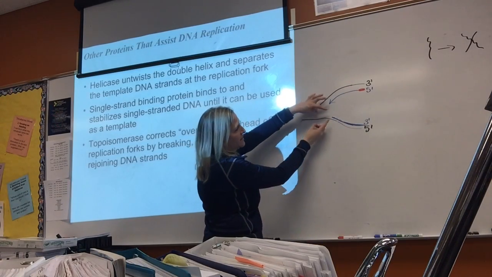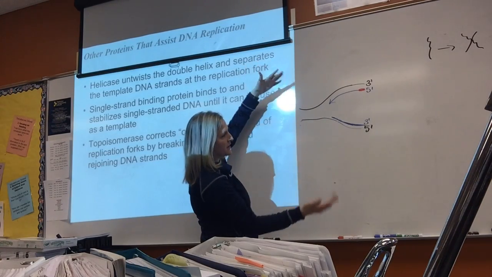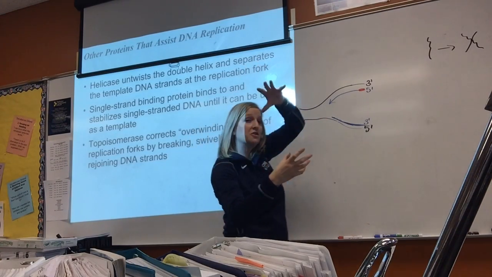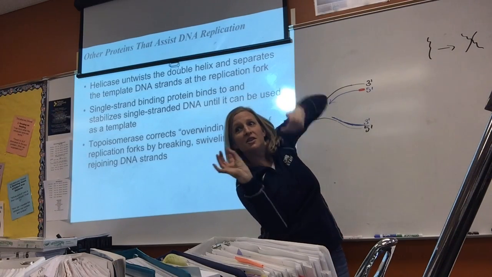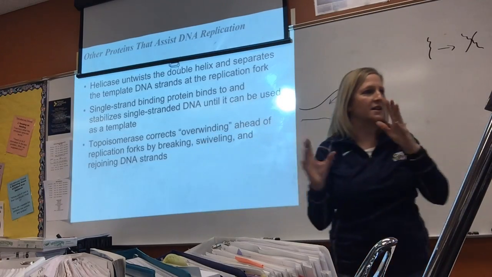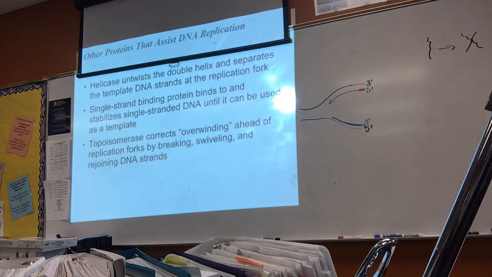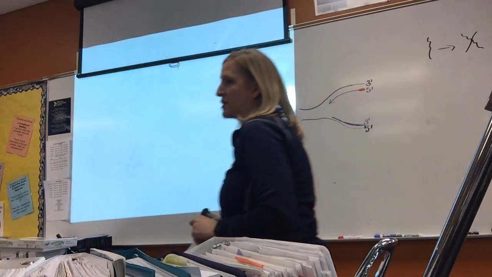Helicase is going to untwist it and break it apart so that you can continue DNA replication. Do you see that if you untwist something too much, it'll start twisting the other way? That's the overwinding. So make sure that doesn't happen. The next set, I think 4 of them, you should be able to answer based upon what we've talked about. So I'm going to have you try and answer those.